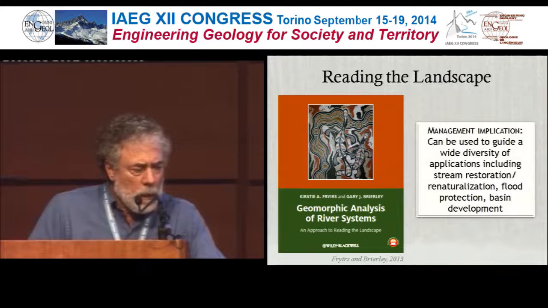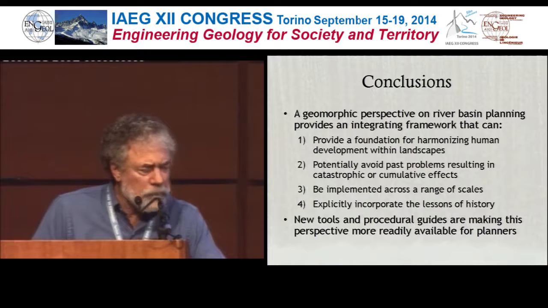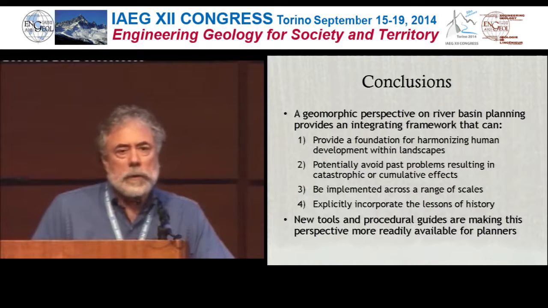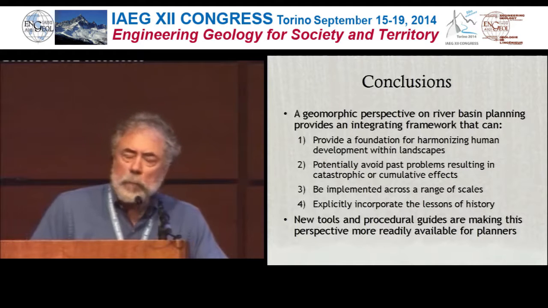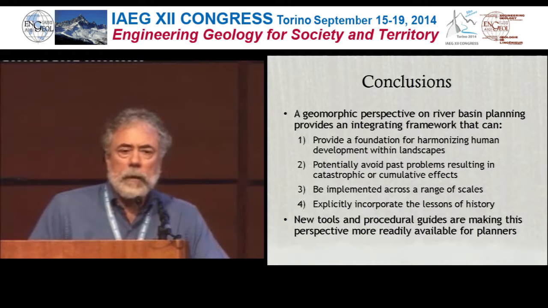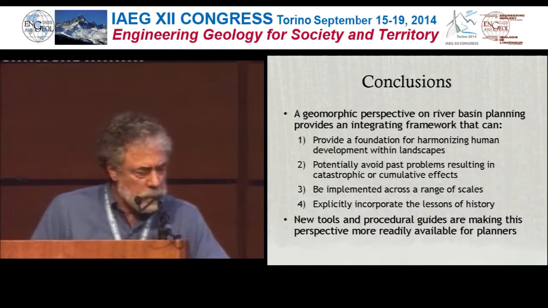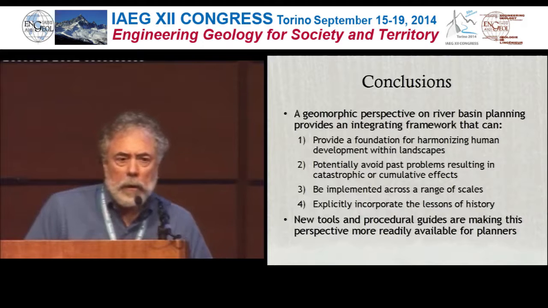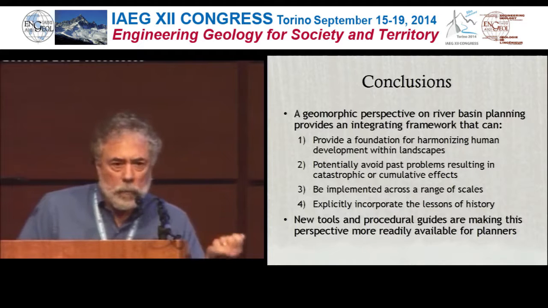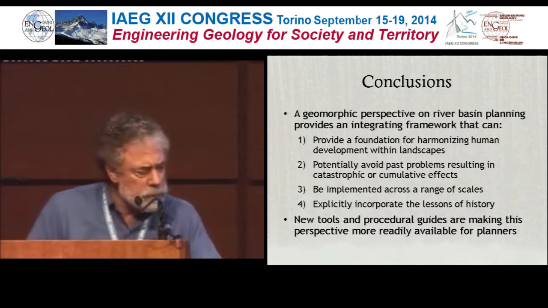So what I want to leave you with is this idea that a geomorphic perspective for managing river systems is fundamentally a useful concept, and it's emerging as a way, first, of harmonizing human activities with the landscape and river system as a whole. It provides a way of bringing history to bear on our present understanding and our future direction for river systems.